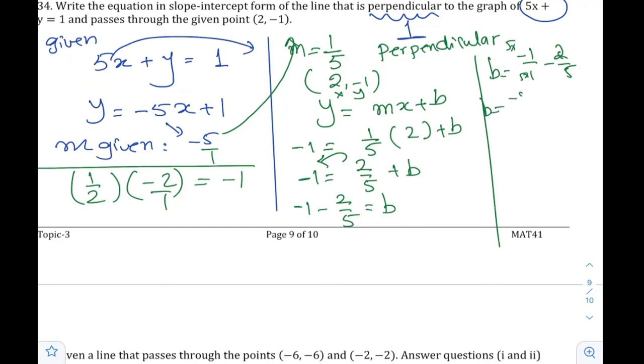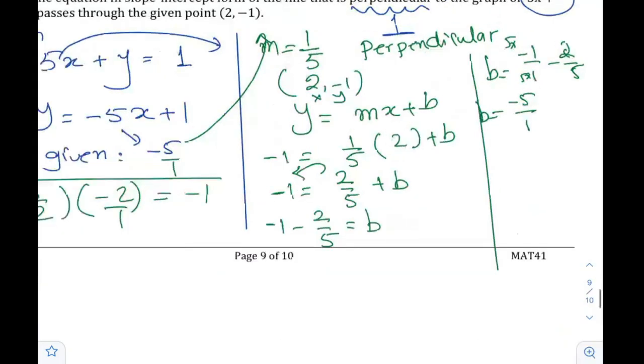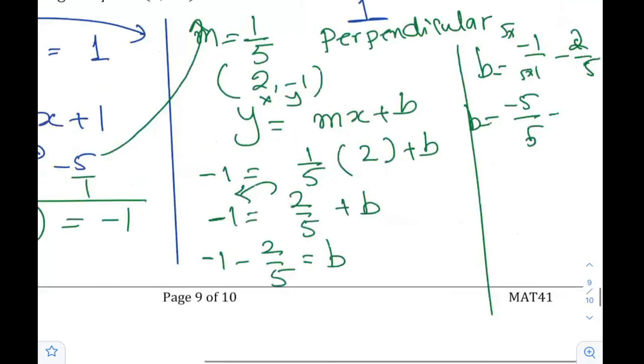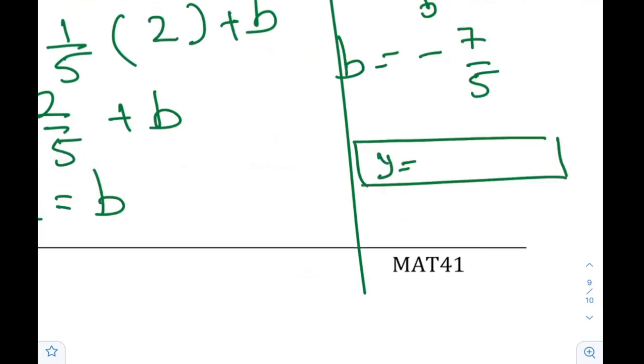It will be -5/5 - 2/5. It's -7/5. This is the b. Minus and minus, we add them. So the equation that I am looking for is y equals the new slope, which is 1/5 x, plus the new b, which is -7/5.